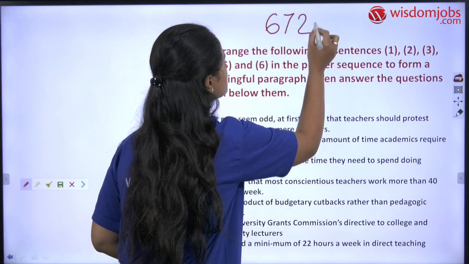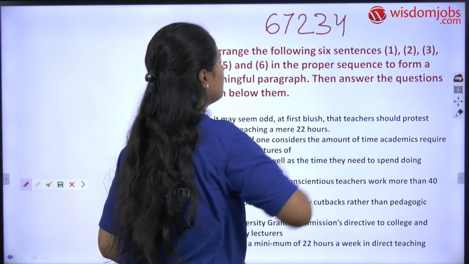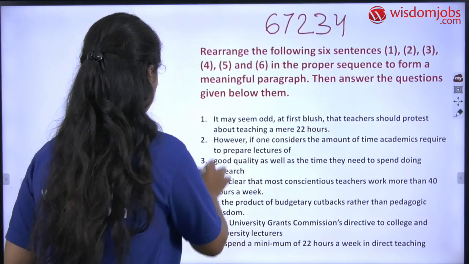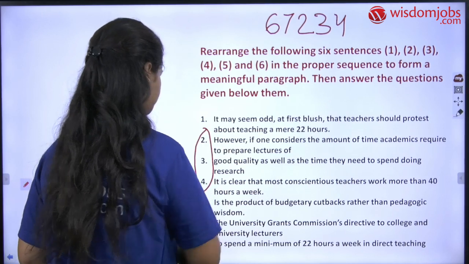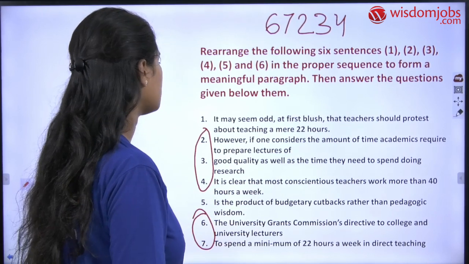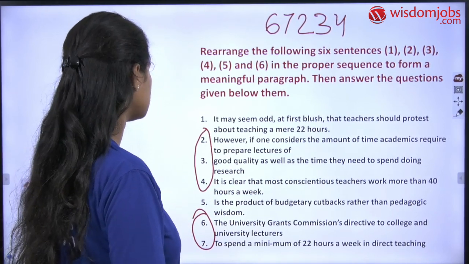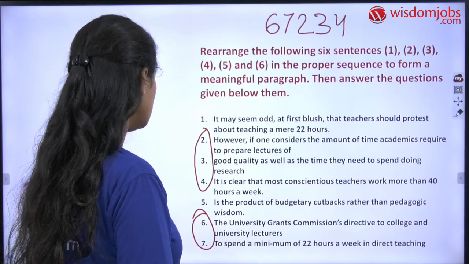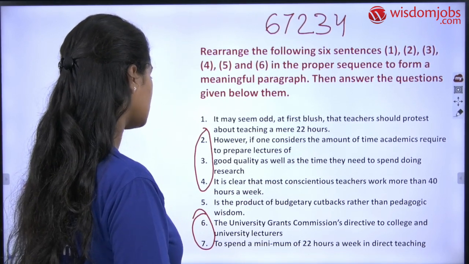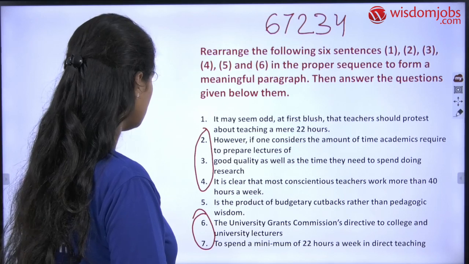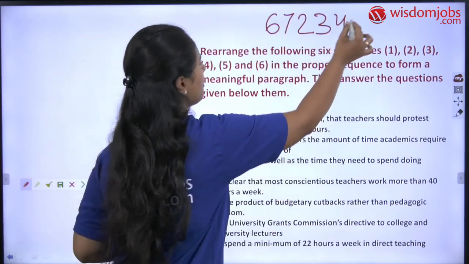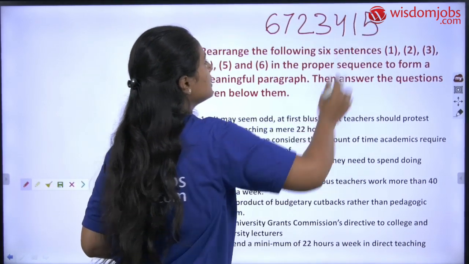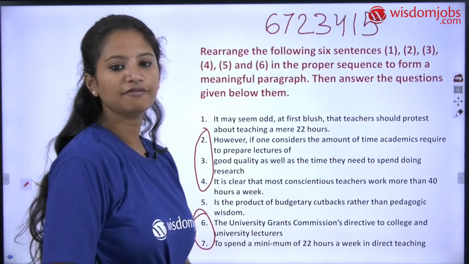So next comes 2, 3, 4. It may seem odd at first blush that teachers should protest about teaching a mere 22 hours. Is the product of budgetary cutbacks rather than pedagogic wisdom. So this is how it's formed: 6, 7, 2, 3, 4, 1, 5.